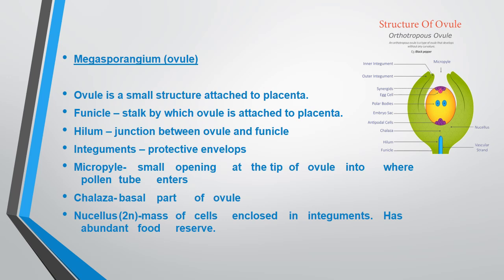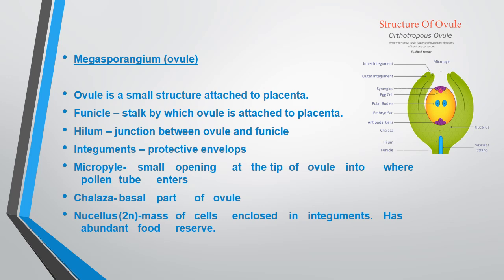After that, the hilum is the junction between the ovule and funicle. It has two integuments, that is the inner integument and the outer integument. They protect the ovule, right?